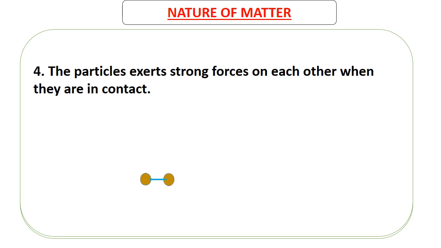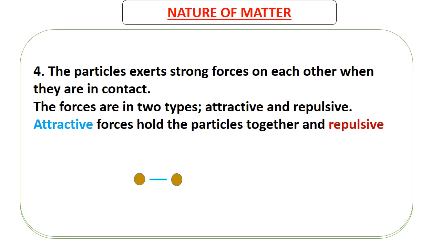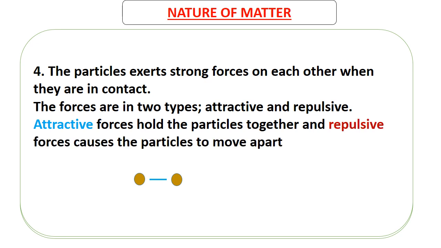So they can either attract or repel. The forces are in two types, attractive and repulsive. Attractive forces hold the particles together, and repulsive forces cause the particles to move apart. So this is the fourth postulate.